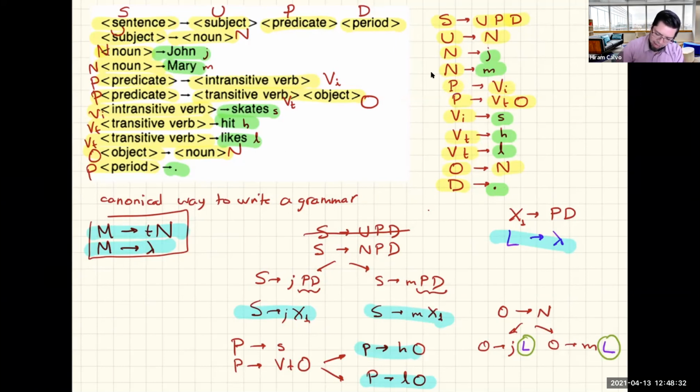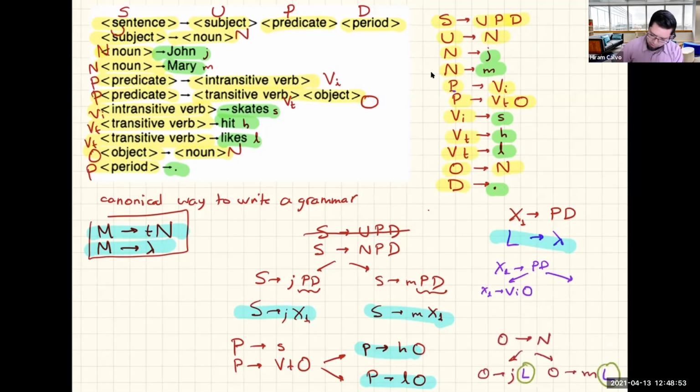So if we replace this P with VI, the first one, X1 is VI, O, or the next one, X1 VTOD. We can write that. Again, I substitute VI by S, I have X1 SO, and this is done.